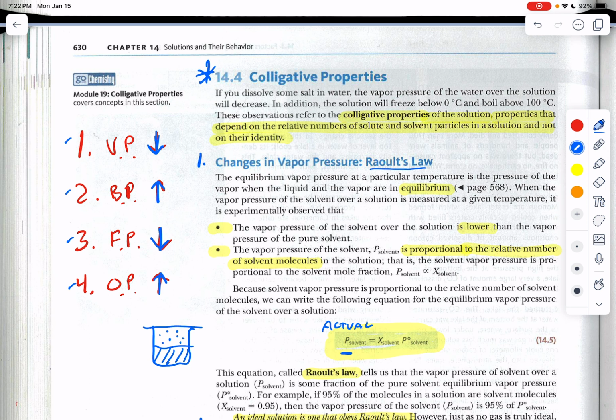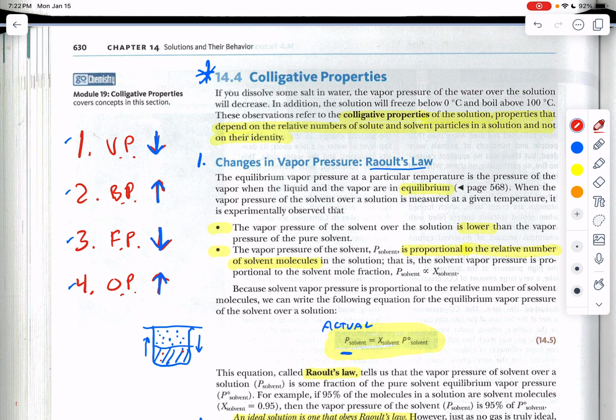Some of that solvent is going to evaporate into the headspace above the liquid, and it'll be in equilibrium. You're going to have vapor going back into the liquid, and the liquid evaporating up into the vapor. You'll be at equilibrium.